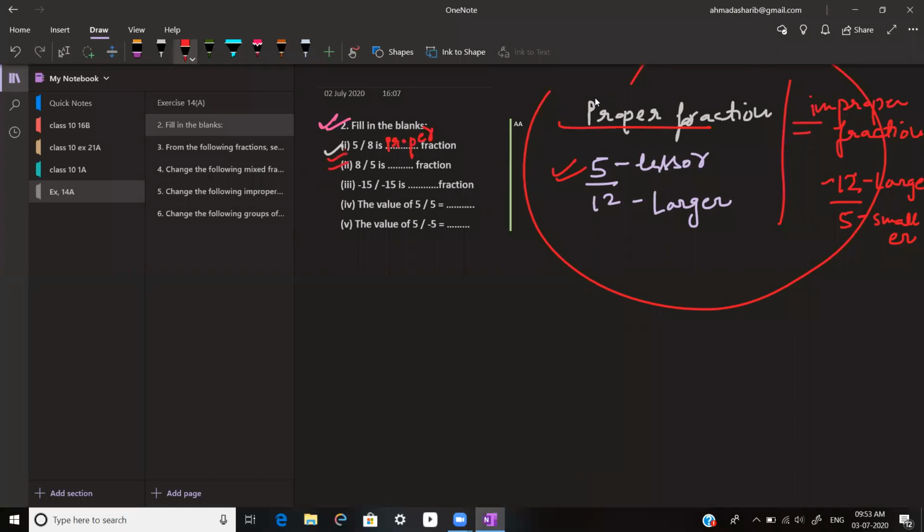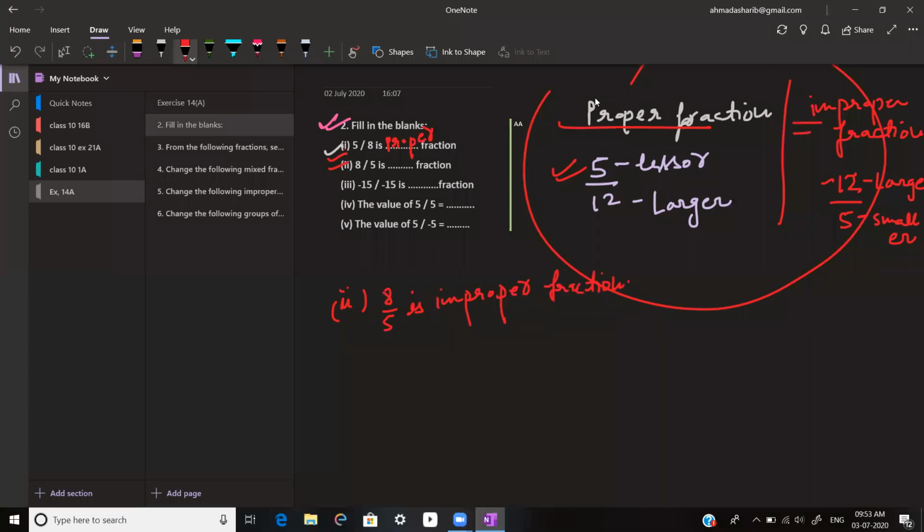Now, 8 upon 5. Is it proper or improper? Students, yes, 8 upon 5 is an improper fraction.